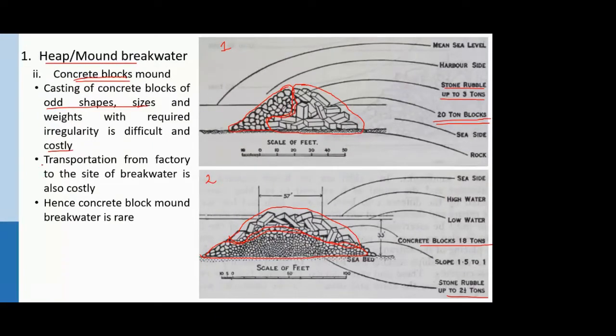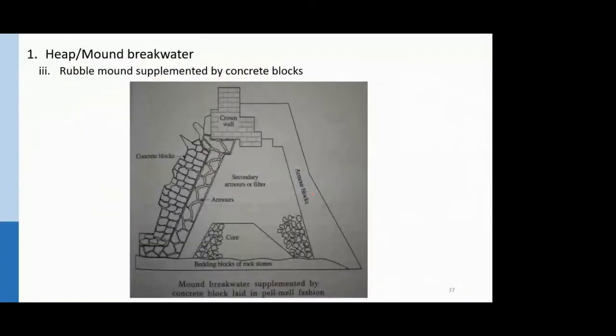Also, as I told you, one aspect of the concrete block mound breakwater is that you have to transport those blocks from the factory or the yard to the breakwater site, and that also increases the cost. So in general, this concrete breakwater is a bit rare. It's not that it is absolutely unused, it is used, but you see it a bit rarely.